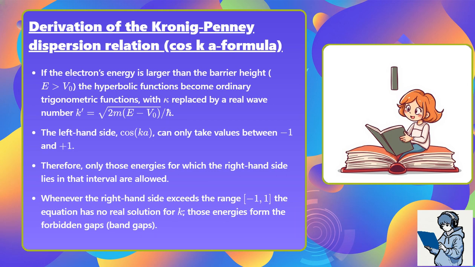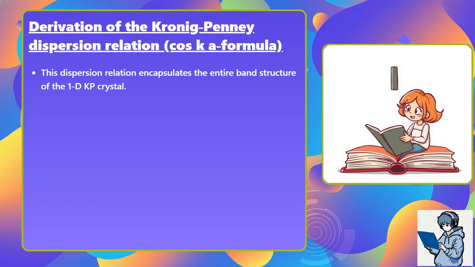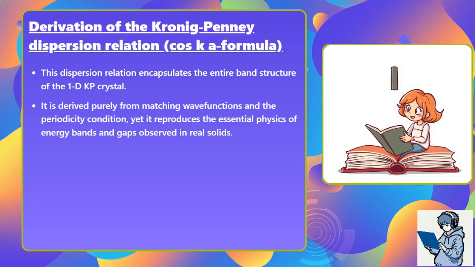Whenever the right-hand side exceeds the range −1 to 1, the equation has no real solution for k. Those energies form the forbidden gaps, band gaps. This dispersion relation encapsulates the entire band structure of the one-dimensional Kronig-Penney crystal. It is derived purely from matching wave functions and the periodicity condition, yet it reproduces the essential physics of energy bands and gaps observed in real solids.